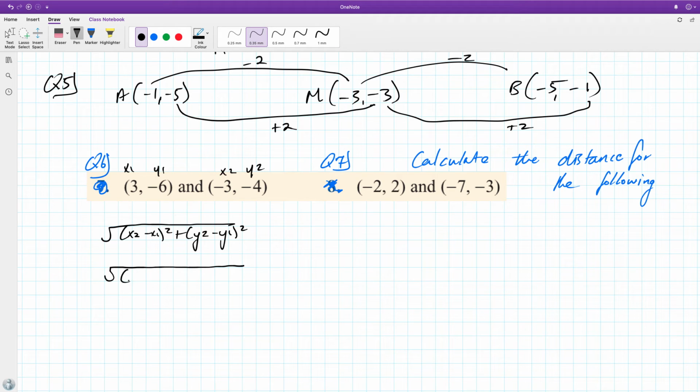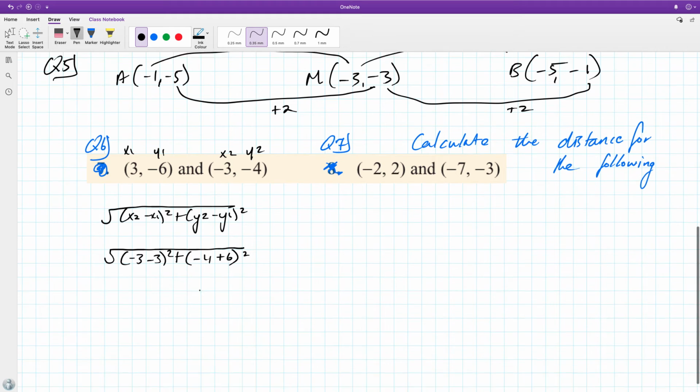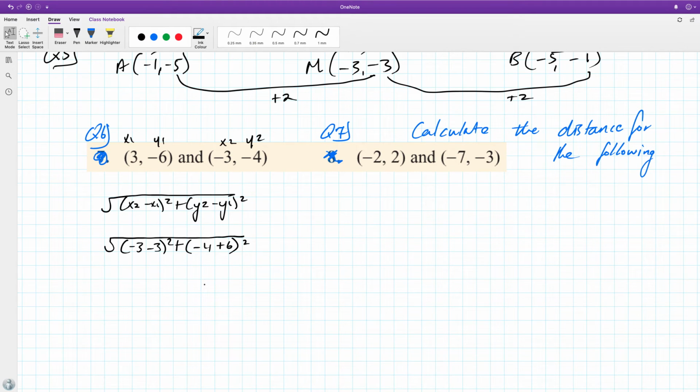Square root of... minus 6, which becomes plus 6. Don't forget to change the sign there. Minus 6 becomes plus 6. And you literally fire that straight into your calculator, no need to work it out, you're more likely to make a mistake. Minus 3 to be squared plus minus 4 plus 6 to be squared, which is 2 root 10.